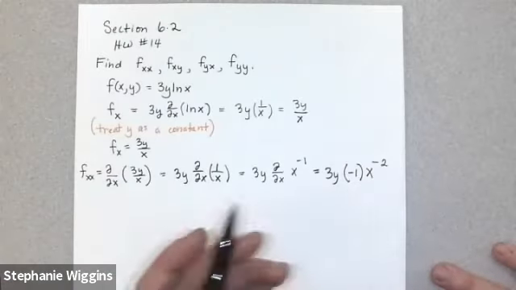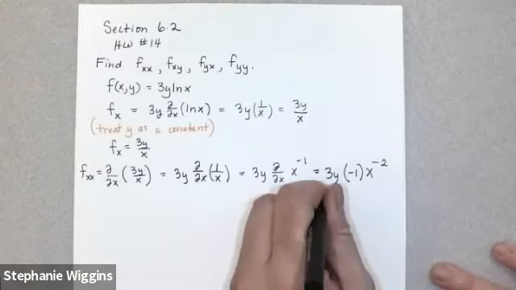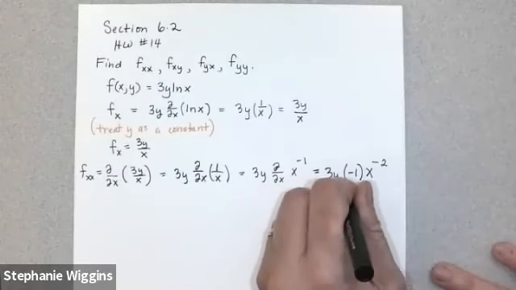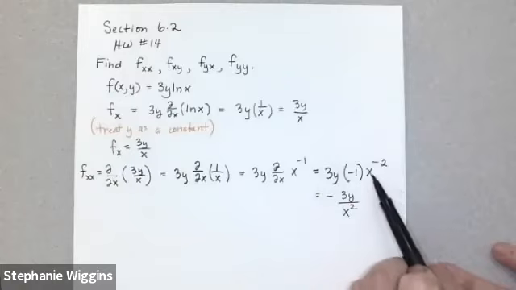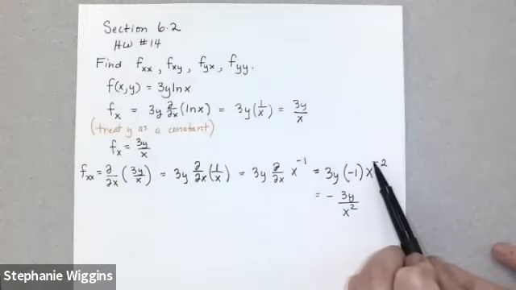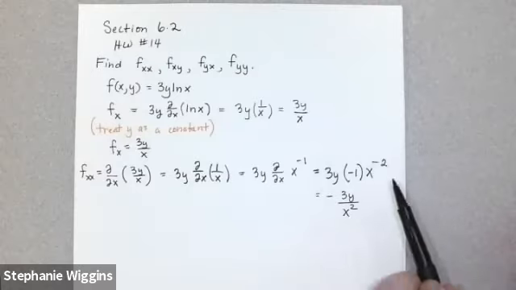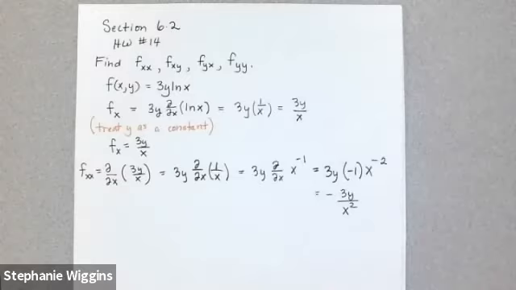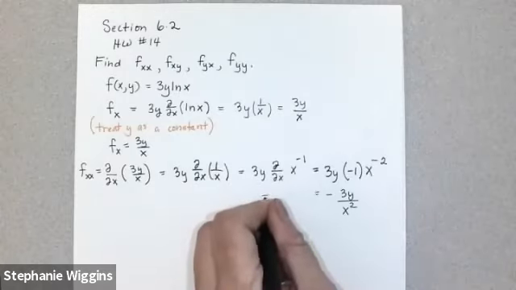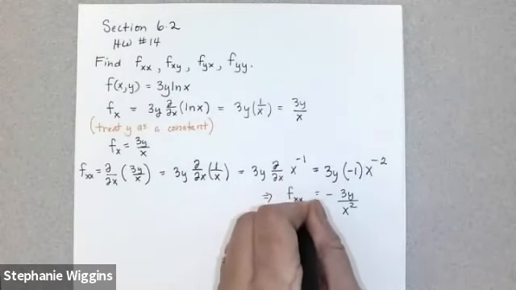And then when I simplify this, I'm going to have negative 3y over x squared. So x to the negative 2 just means you take the reciprocal. So that's going to throw the x squared in the denominator. Okay, so now I have found the second order partial derivative, which is my fxx right here.